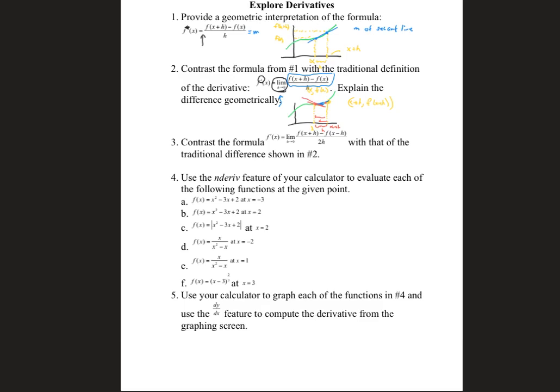So geometrically, what we're seeing is this is the slope of the tangent line, as opposed to what we saw in the first one, which was the slope of a secant line.